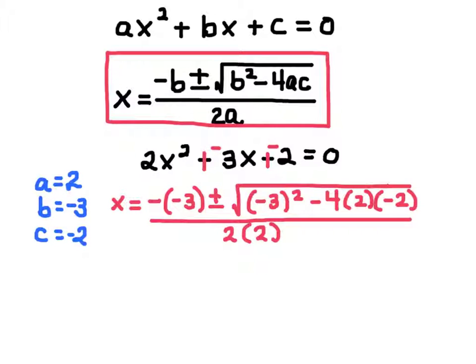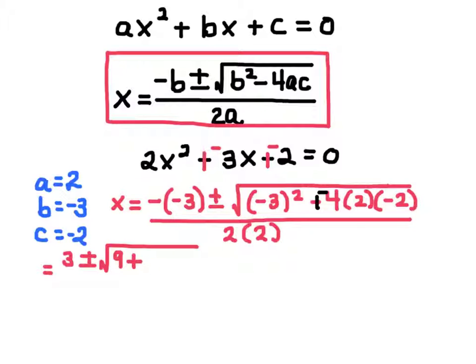So I just took the quadratic formula and plugged in my values for a, b, and c. Let's work out what this is actually equal to. A negative times a negative 3 is a positive 3, plus or minus the square root of negative 3 squared, which is 9, plus, and I'm saying plus because this is really a negative 4, I have a negative 4 times a negative 2 times a 2. 2 times 2 is 4. 4 times 4 is 16.